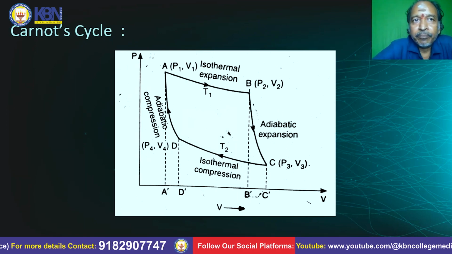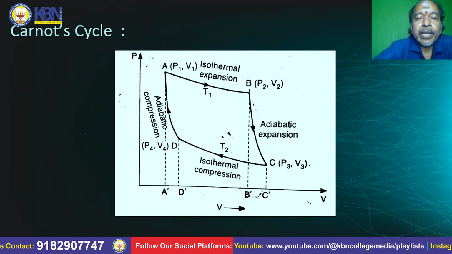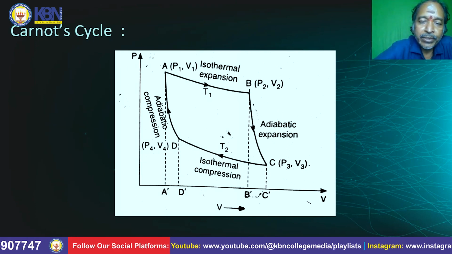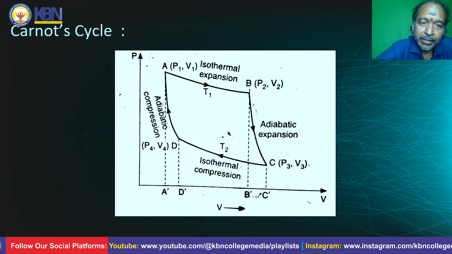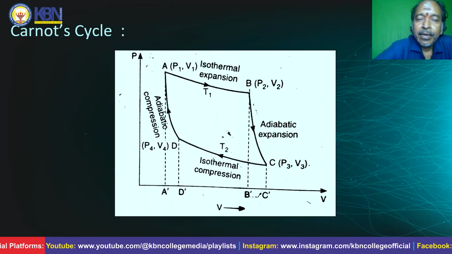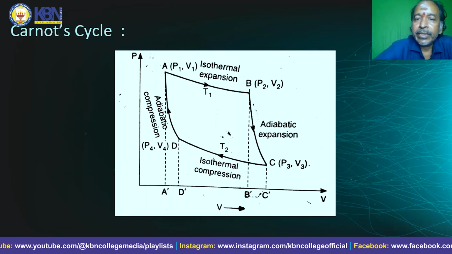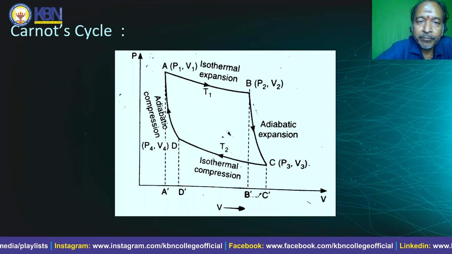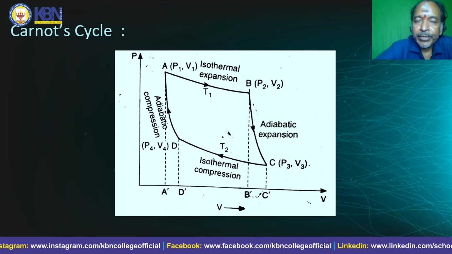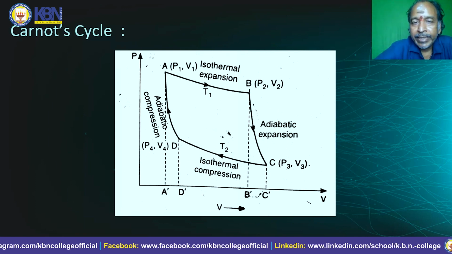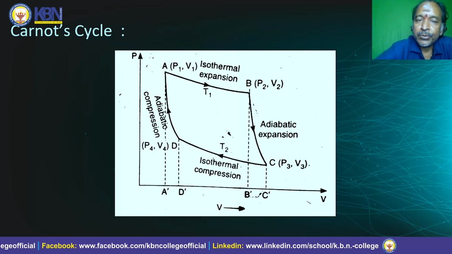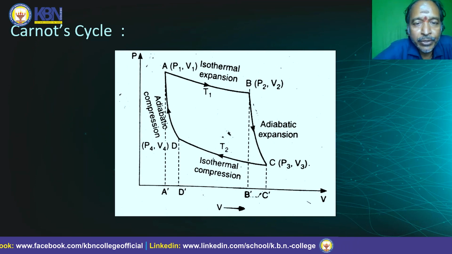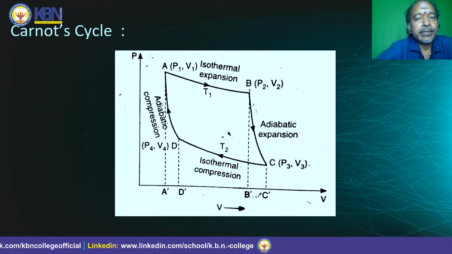They are isothermal expansion, adiabatic expansion, isothermal compression and adiabatic compression, and they are represented by curves AB, BC, CD and DA respectively. In isothermal expansion, the main point is the working substance is placed on the source and absorbs heat energy Q1 at constant temperature T1.